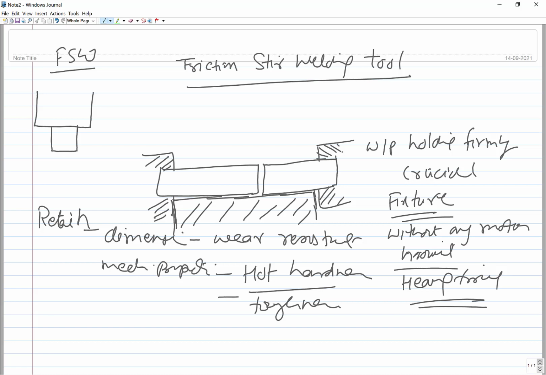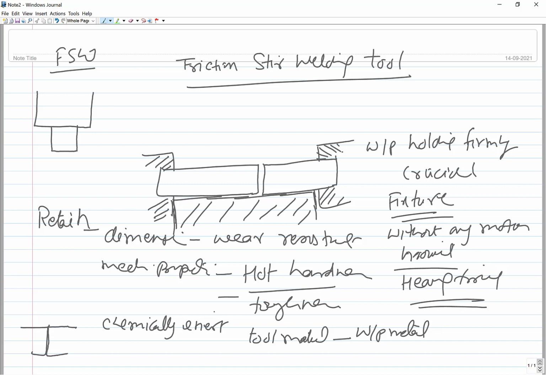Then it should be chemically inert as well. Okay, chemically inert because the tool material will be coming in contact with the workpiece metal at a high temperature. So there will be very close metal to metal contact, and there may be some kind of interaction, that too at a high temperature, say 400 to maybe 1000 degrees centigrade, depending upon the metal that you are welding.